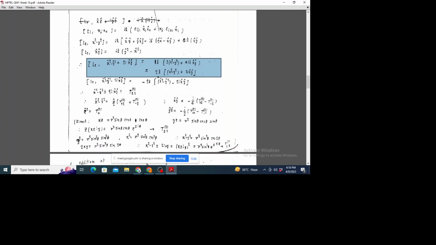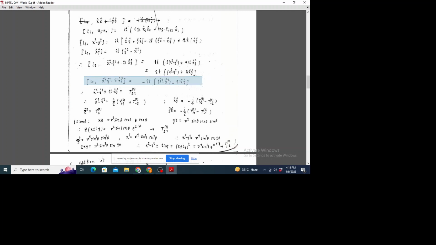Now take some combination like this. That means x square minus y square plus 2i xy is a component of an irreducible spherical tensor. And this is the q equal to 2 component.